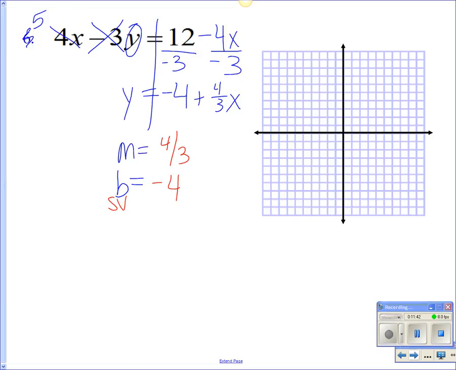This time I go down 4 because it's negative. And you always put a point for your starting value. Always make that a point. -4. Jacob S., how do I do a slope of 4 over 3? Very good. Go up 4 and over 3.